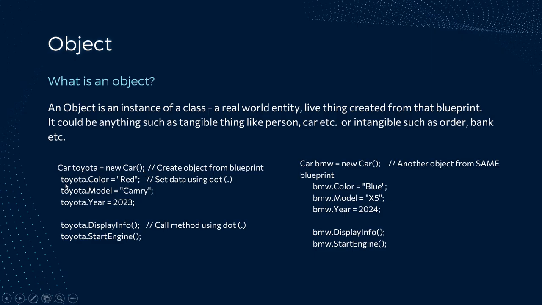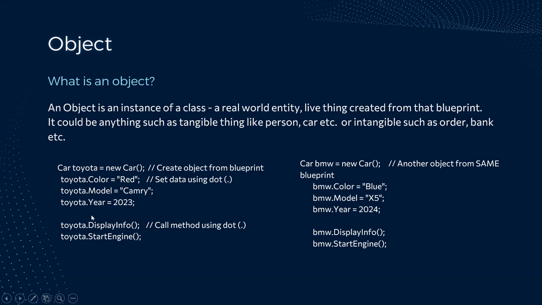Toyota dot color is equal to red, Toyota dot model is equal to Camry, Toyota dot year is equal to 2023. These are the data members of the class, and you can access them with the help of the reference variable using the dot operator.